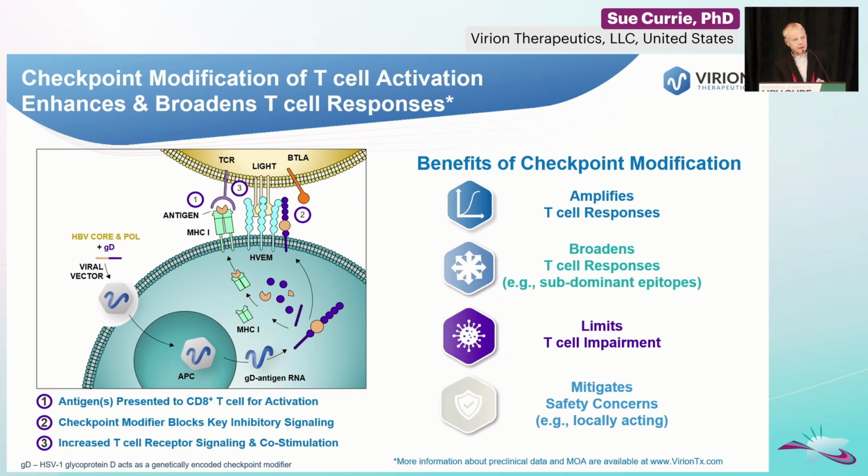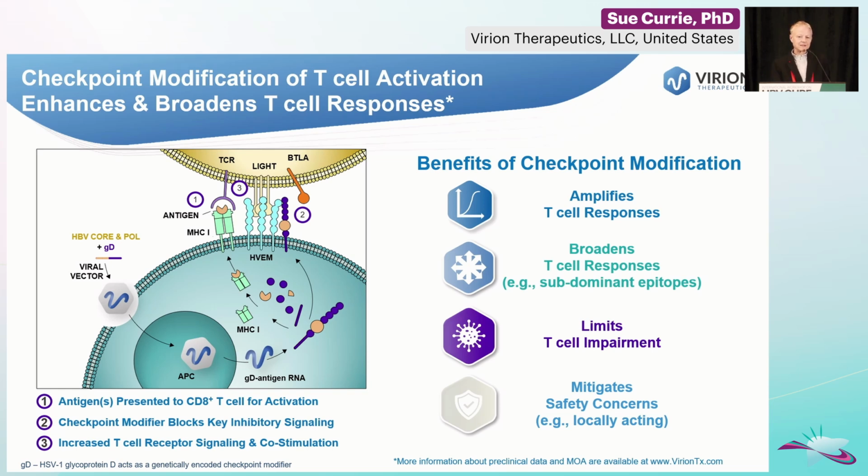It's inhibiting the key inhibitory signal of T cell activation, BTLA. But it also allows for increased T cell receptor signaling via LIGHT. It allows it to bind to a different location, HVEM, and allows co-stimulation. So again, different. That's why we're calling it a checkpoint modifier.